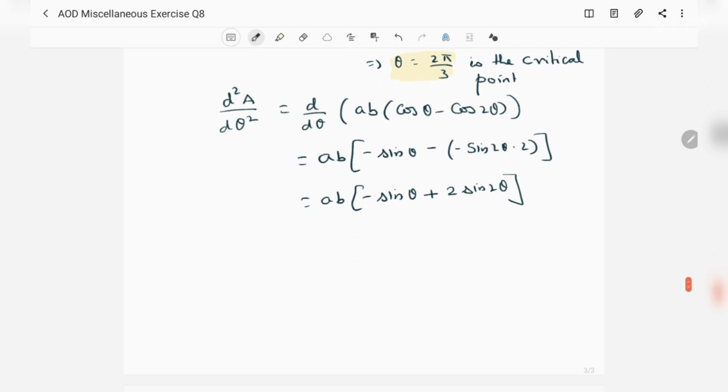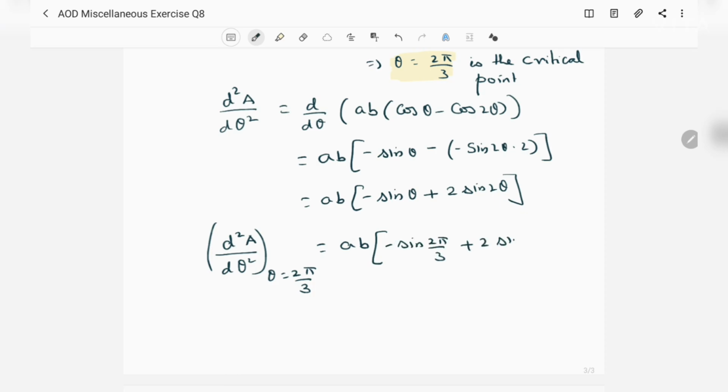Now let's find the second order derivative value at the critical point. So d square A by d theta square at the critical point, that is theta equal to 2 pi by 3, is equal to AB times minus sin 2 pi by 3 plus 2 sin 4 pi by 3.